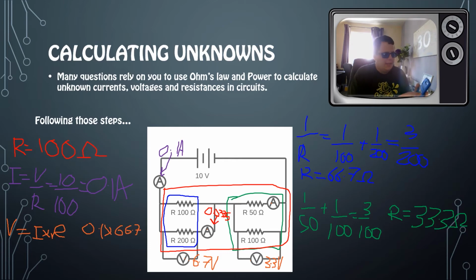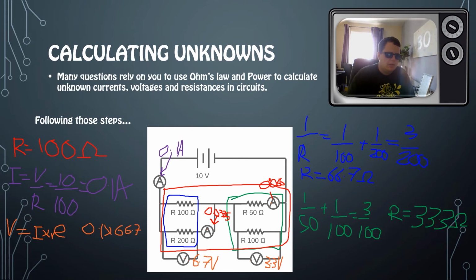And then likewise here, we're going to have 3.3 divided by 50. And that's going to give us a current of 0.066. Let's put the decimal point better in there.